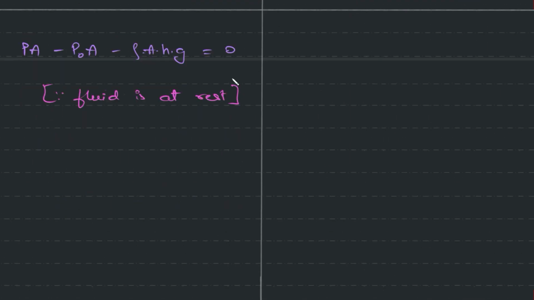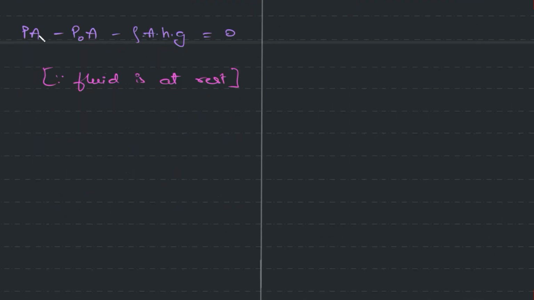That being the case, the RHS has to be 0. In all of this, A is common, so I can cancel A. And we have P is equal to P naught plus rho gH, after a bit of rearrangement.